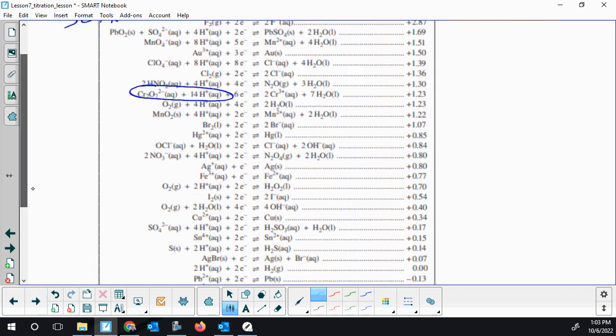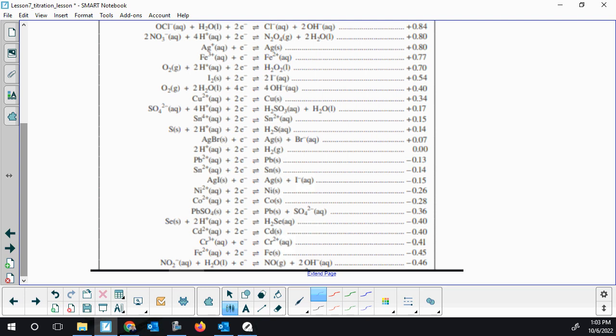Now I have cut off this table that's in the notes. The strongest reducing agent would be at the bottom, the weakest reducing agent at the very top. And when you go up, water is way up high. We don't have any H+ on the RA side. There's no dichromate on the RA side. The best we have is chromium 2 ions.